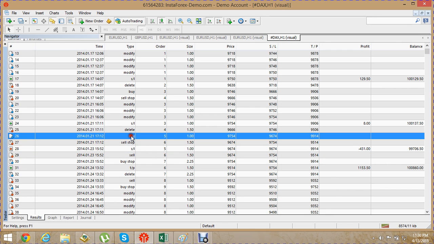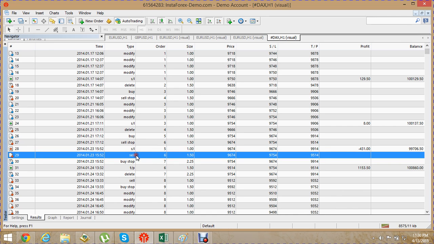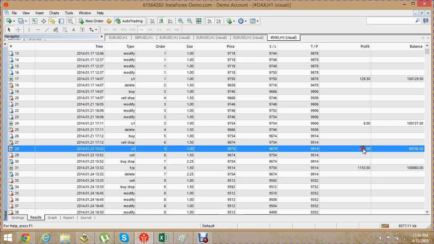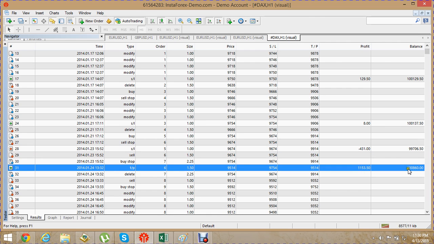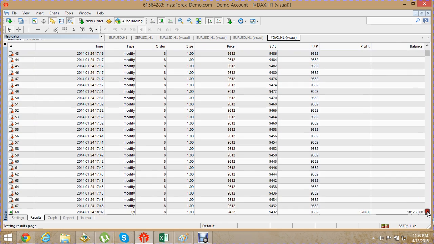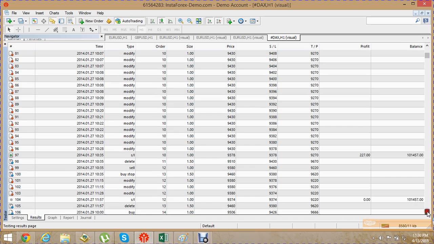So that buy trade hits the SL value, the sell stop is activated, and eventually my sell trade hits the TP, earning me 1153 bucks, and this loss is covered, and I get some profit with this also, and so on and so forth. This EA works like that, and it's pretty much always in profit.